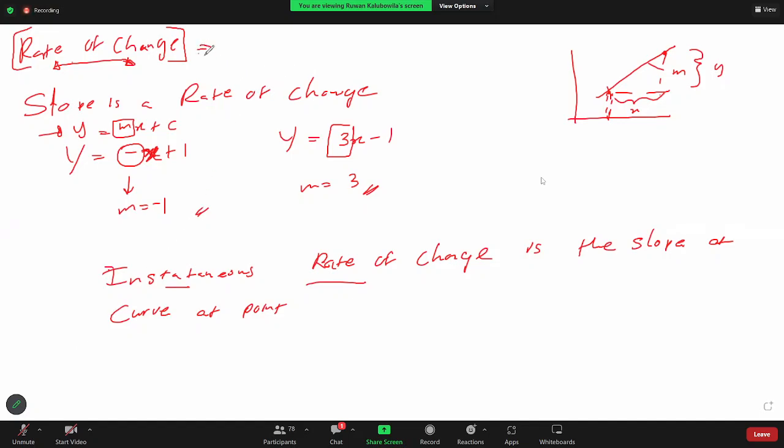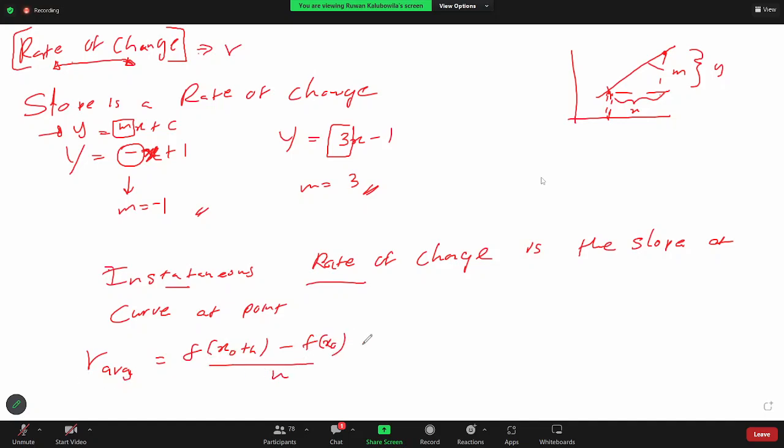The average form is f of x naught plus h minus f of x naught, divided by h.